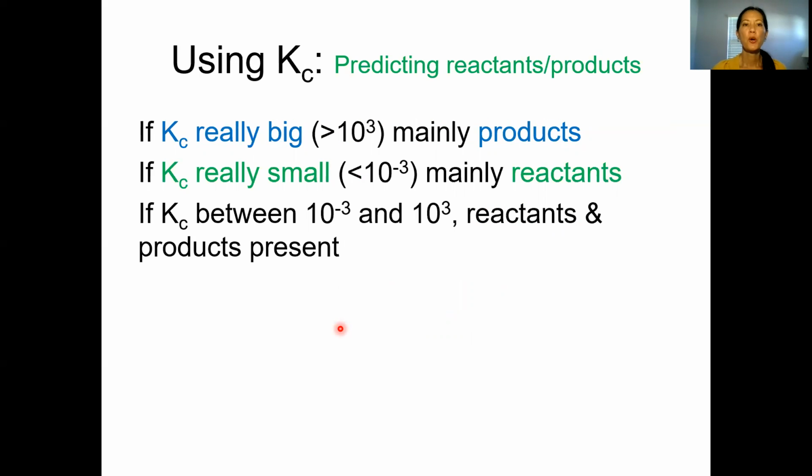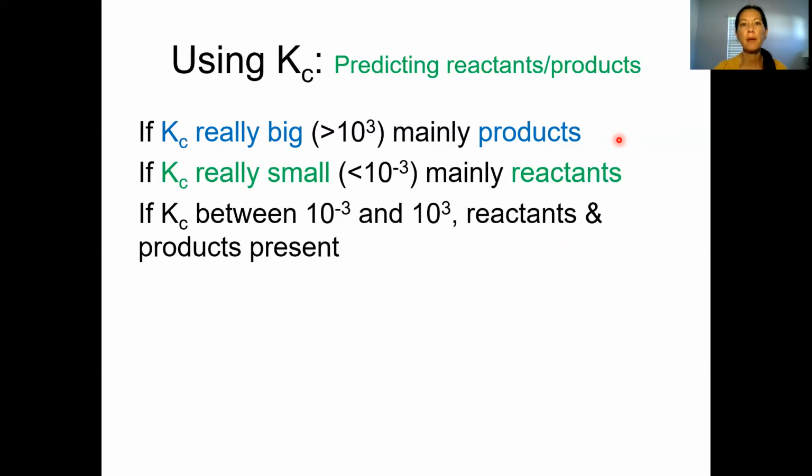Okay, so how do we use Kc? We basically use it to get a feel for whether we are going to get mostly reactants or products at equilibrium. This is really important as you're designing experiments, running experiments, predicting what's going to occur. If the K is really big, just remember what K represents. K is products over reactants.